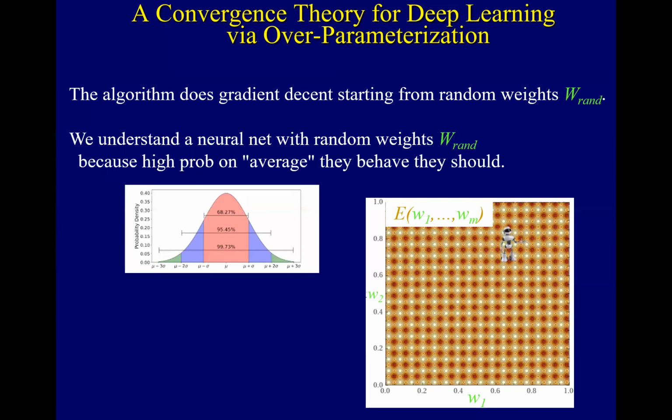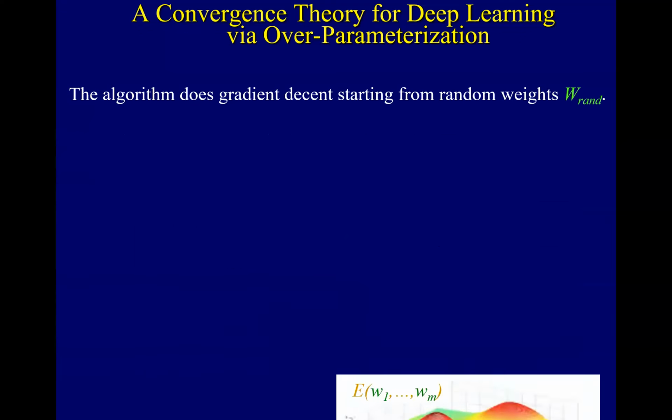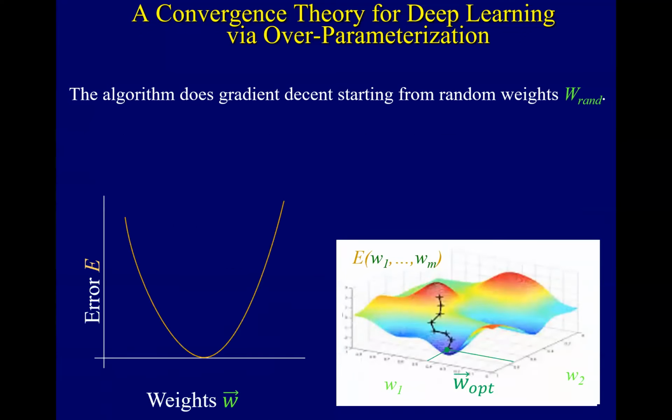All right, so this just says all our weights are going to be random and independent, so we can prove things about them. And this says what we keep talking about. If you shift by just a small amount, then things don't change by much, right? And so what do we want? What do we mean by things work well?